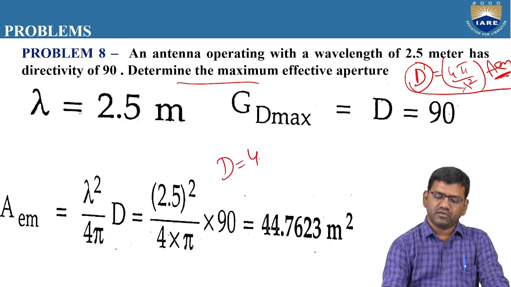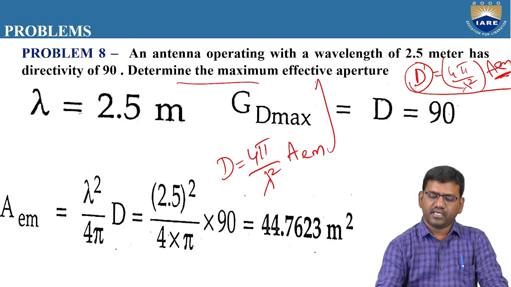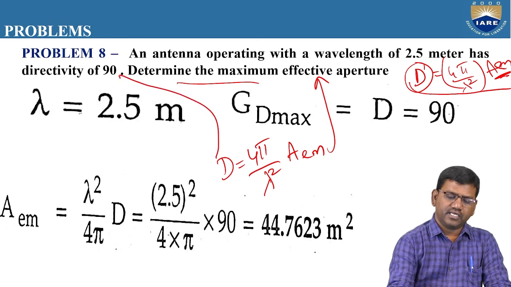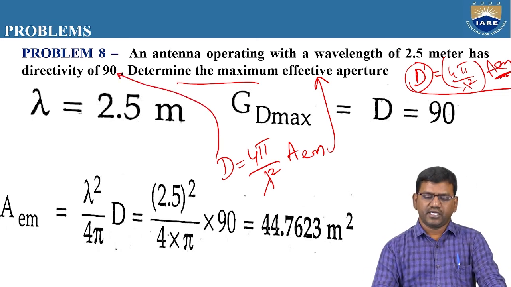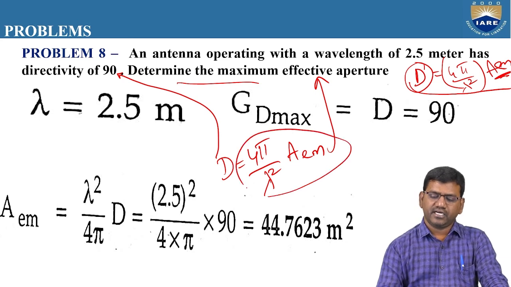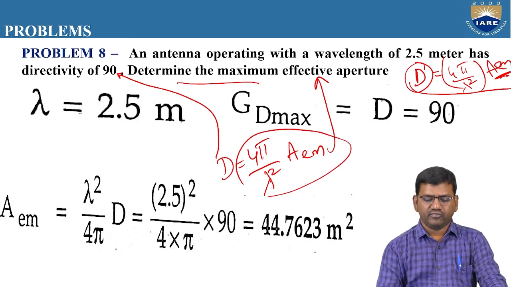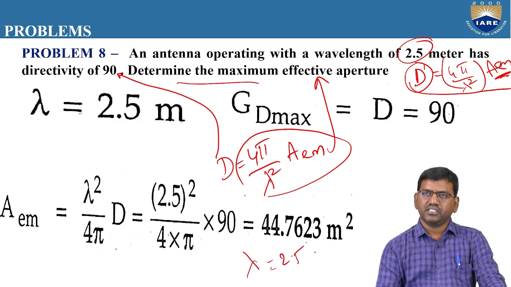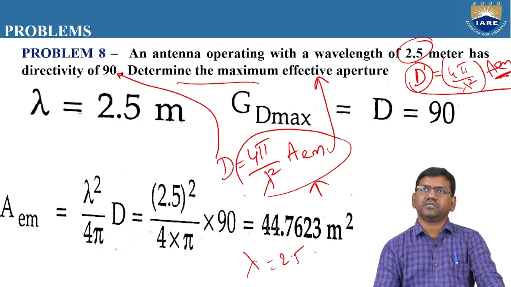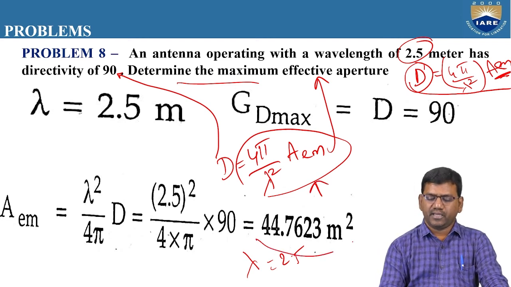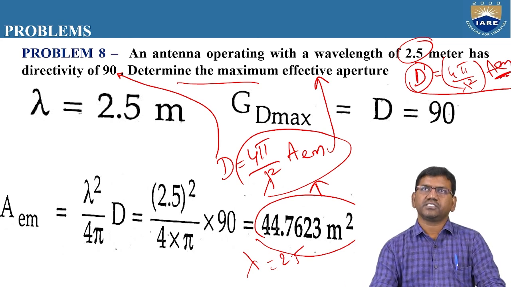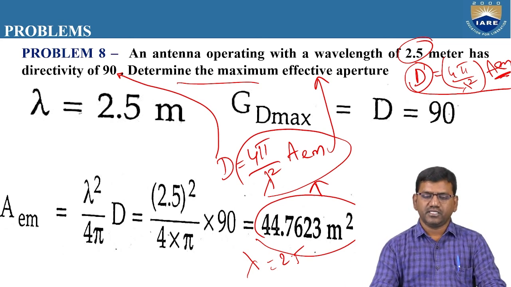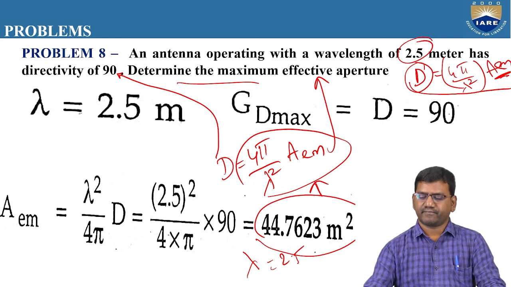D is equal to 4 pi by lambda square into AEM, where AEM means maximum effective aperture, and directivity is given as 90. The wavelength lambda is given as 2.5. If you substitute all these parameters in this formula, you will get the maximum effective aperture as 44.7623 meter square.